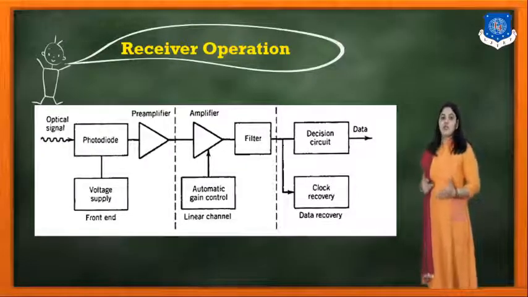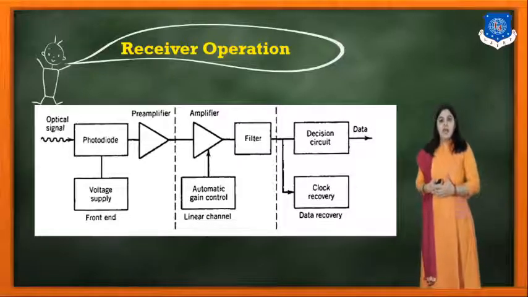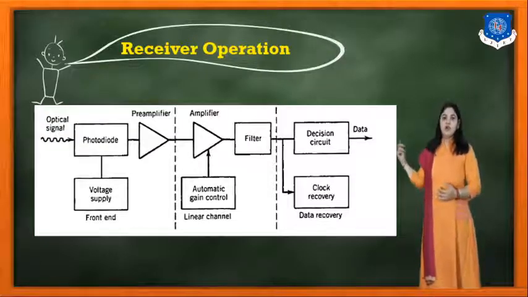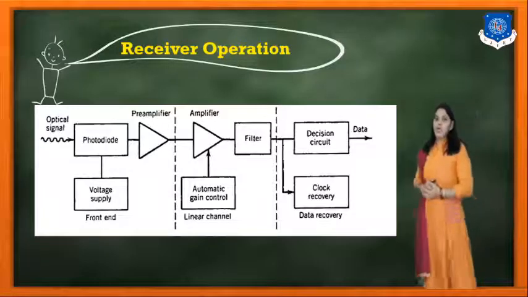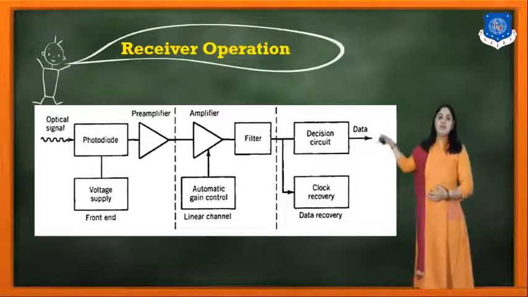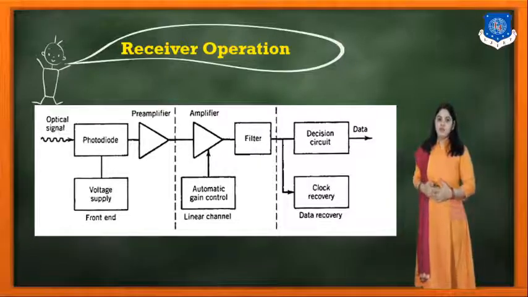So it is the automatic gain control, and the output is given to the filter, and the filter output is given to the decision circuit, which can also be connected with the clock recovery, and we have obtained the final output.